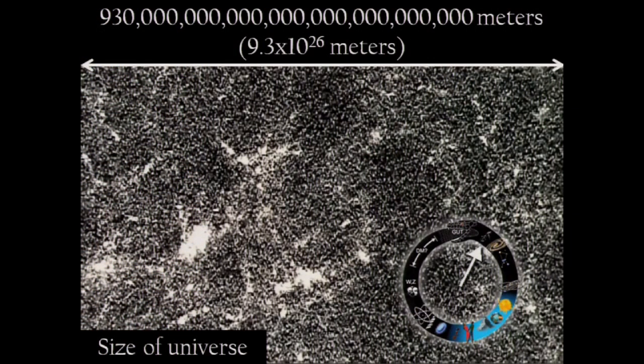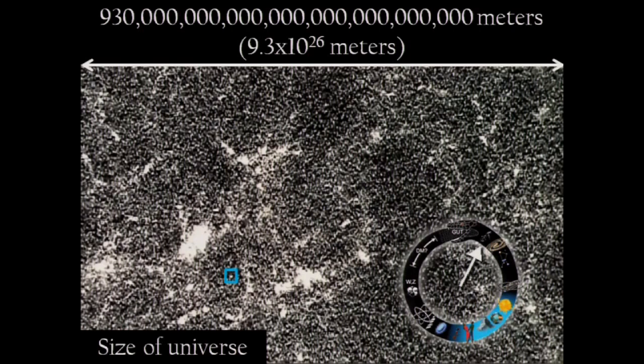These are basically clusters of galaxies. The size of the visible universe that we can estimate is 9.3 times 10 to the 26 meters. So that's a 9 followed by roughly 26 digits, most of them zeros. So this is 1,000,000,000 billion trillion meters. A very large length scale.